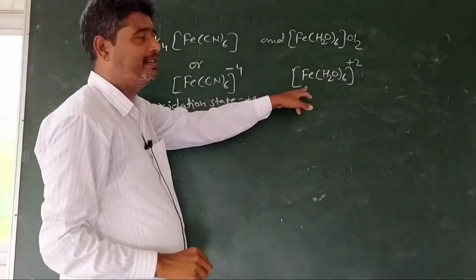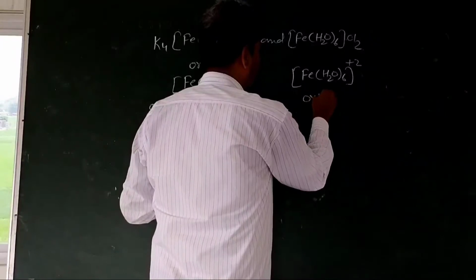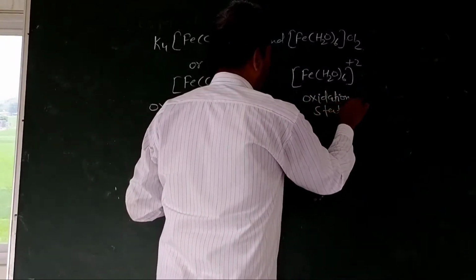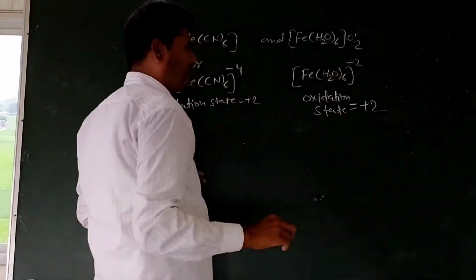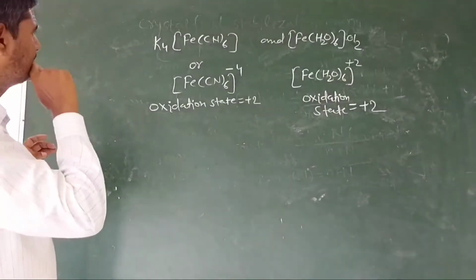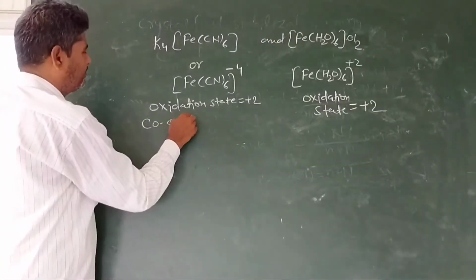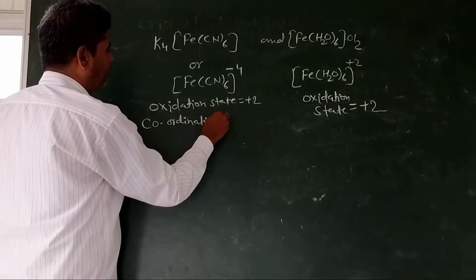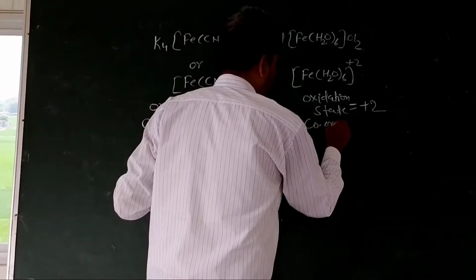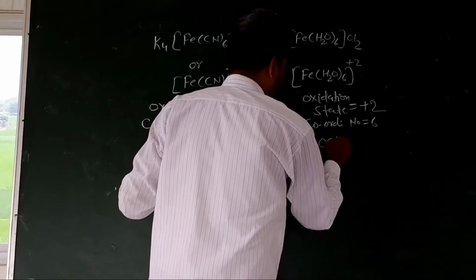Similarly for this, the oxidation state of Fe is also +2. Both are octahedral, coordination number 6.